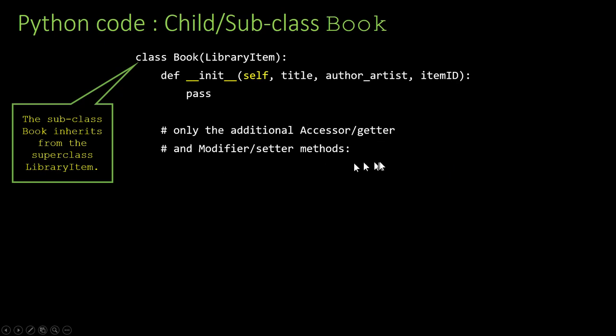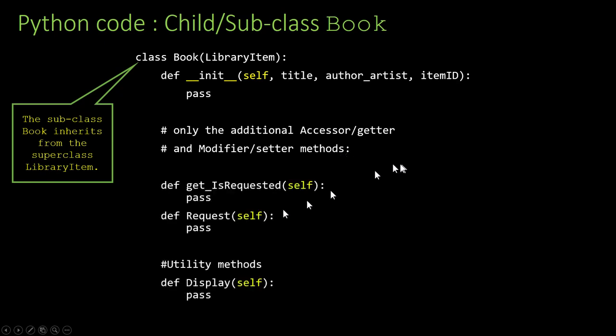You only need to include all the additional getters or modifiers. Okay, so we have the getIsRequested, and then also the modifier, which is the request, and the utility for the display. I will talk more about this display because it's different from the parent's display later on.